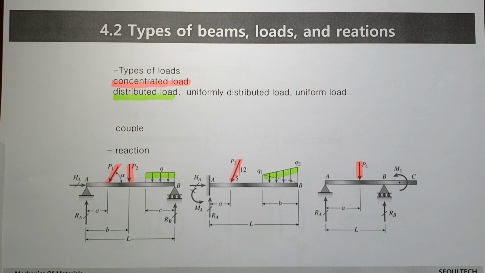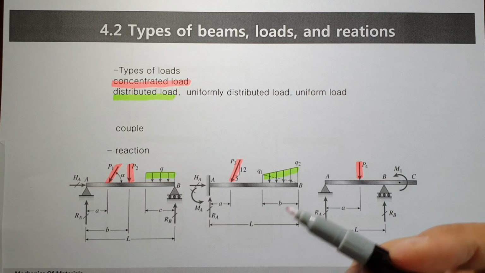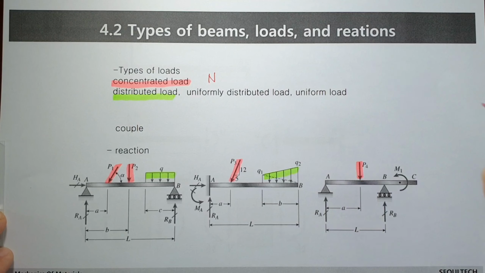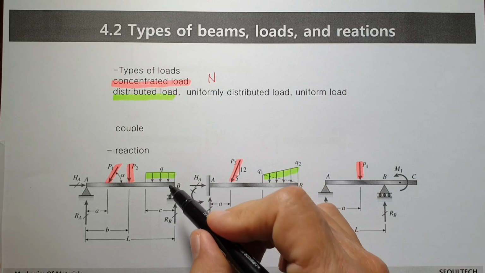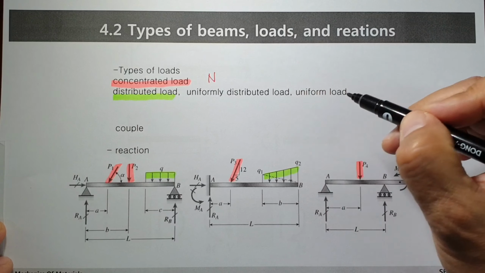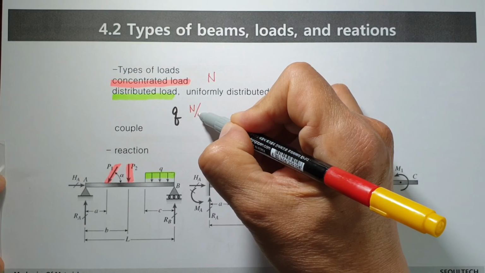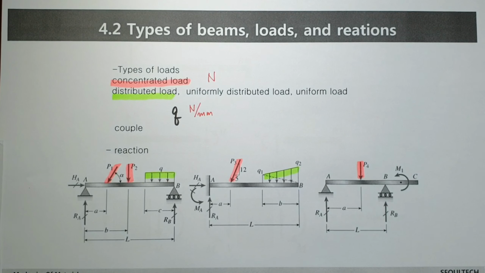When you consider concentrated load, the force is expressed in Newtons. The case of distributed load is different. When you introduce some kind of q value, normally the unit is Newton per meter or Newton per millimeter.